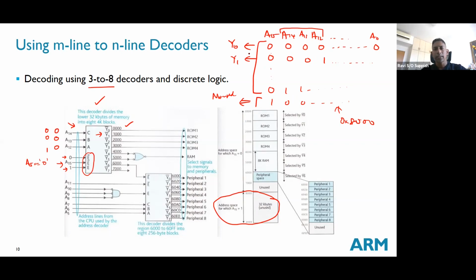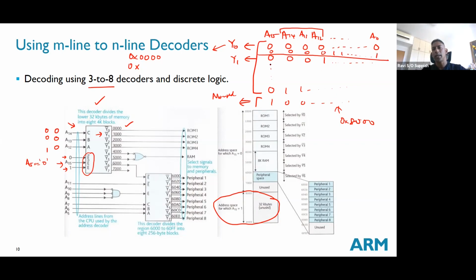Now let's look at this from the hexadecimal perspective. If I look at Y0, it starts at 0x0000, all the way to the highest value just before Y1 starts, which will be 0, 0, 0, 1, 1, 1, 1, 1, 1, 1 and so on.